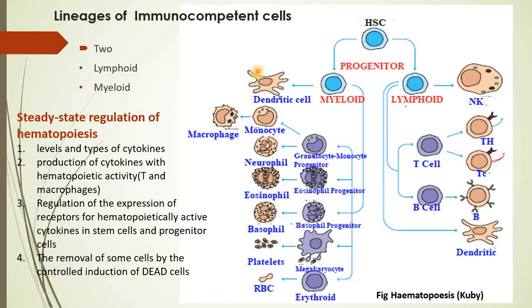Now, as in the earlier videos, you might have come across the concept of the bone marrow. You know that bone marrow is a part seen only in the long bones.